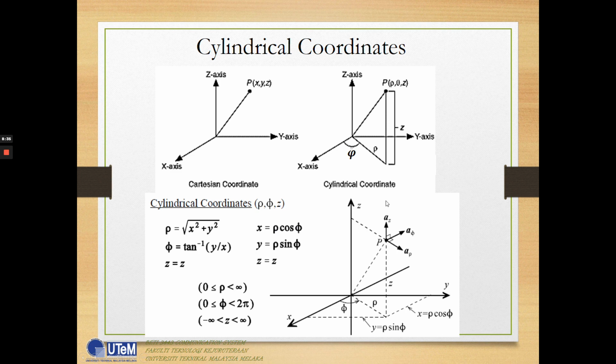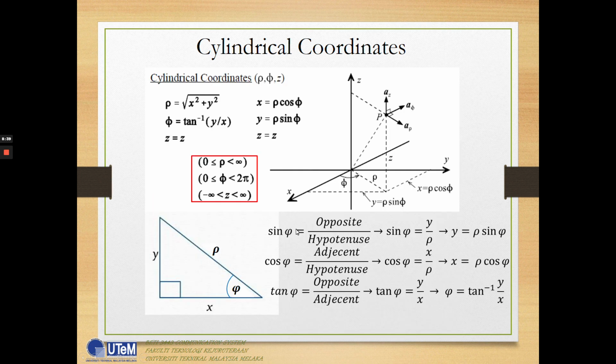But we need to know how we get these. So we move on to the next slides to learn how we get these values. Rho is equal to the square root of x squared plus y squared, x is equal to rho cosine phi, and so on and so forth.